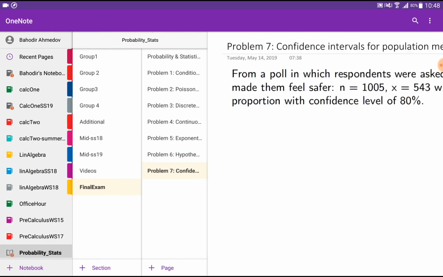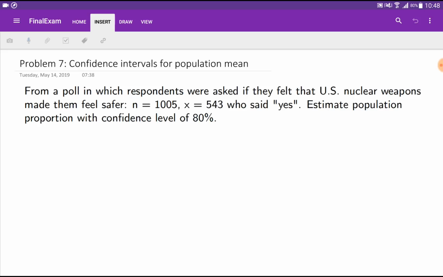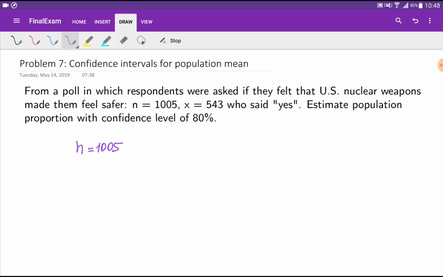And the last problem is on confidence intervals. From a poll in which respondents were asked if they felt that US nuclear weapons made them feel safer, n is equal to 1005. So we asked 1005 people whether they feel safer because of the US nuclear weapons, and 543 of them said yes.